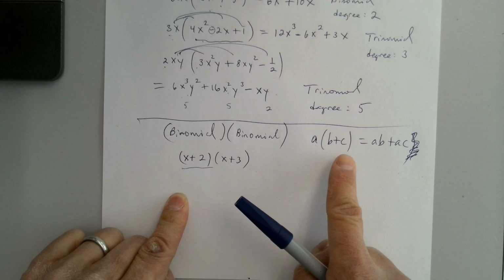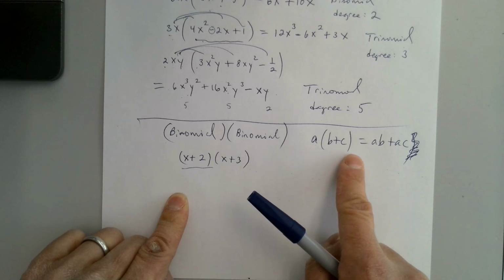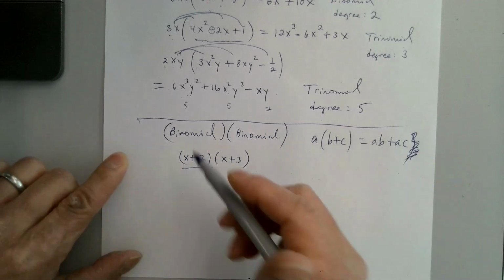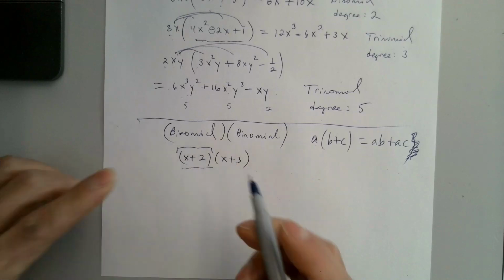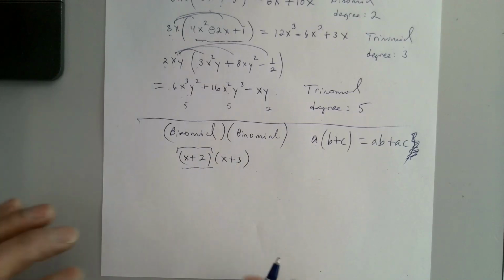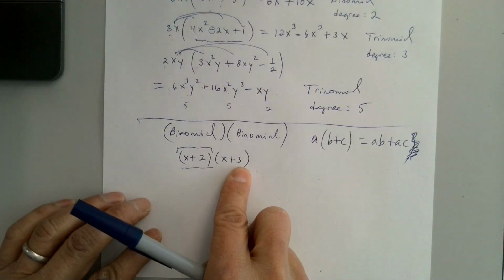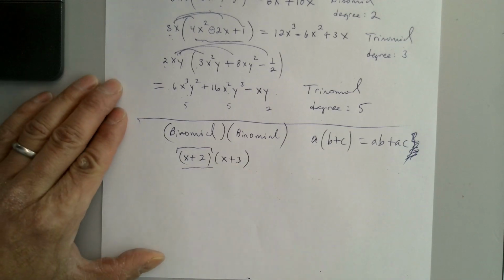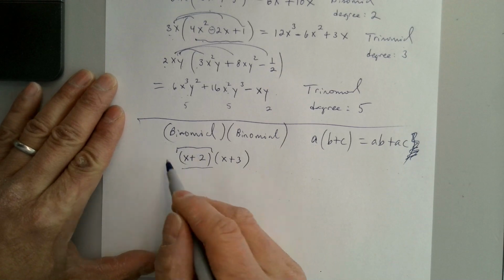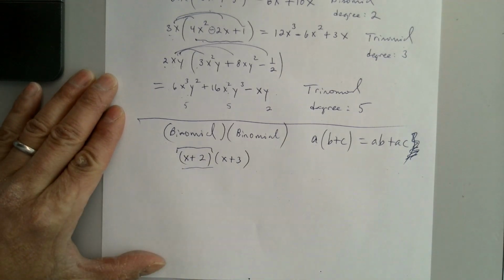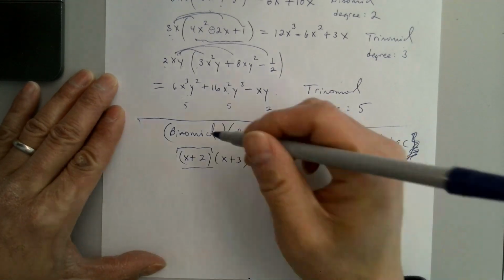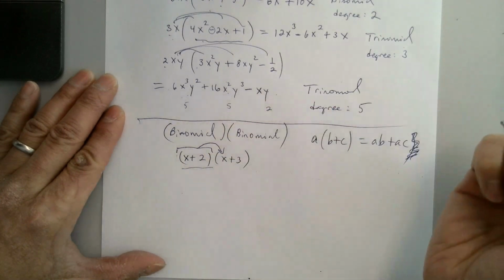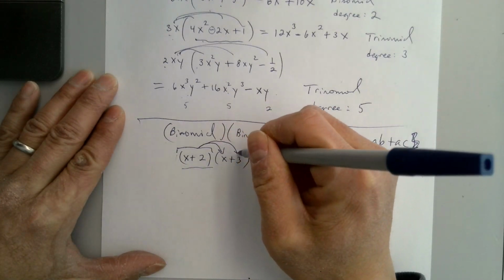Behave like a times b plus c becoming ab plus ac. So treat this as one entity. And then treat the x and the 3 in the x plus 3 as 2 entities. So if this is my a, my one entity, I'm going to distribute this one entity with the x and then with the 3.